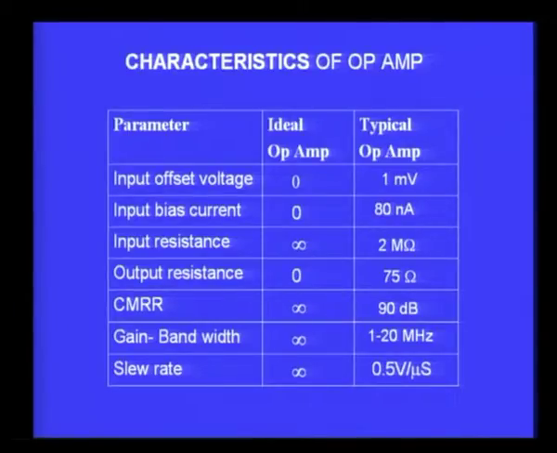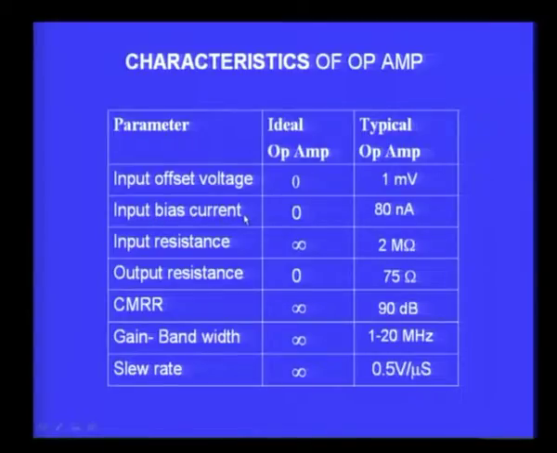So, in principle, ideally the input offset voltage should be 0, but in an actual typical 741 operational amplifier, you would find from the data table given by the manufacturer data sheet that this value could be a few millivolts. In this case, I have listed the typical 1 millivolt value which is given by the manufacturer data book.